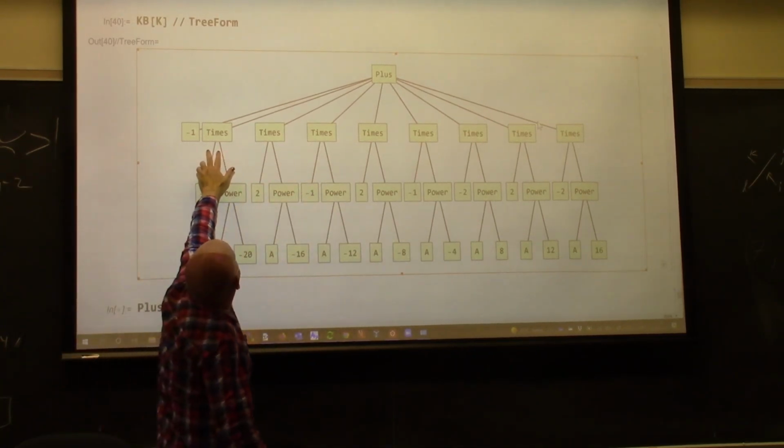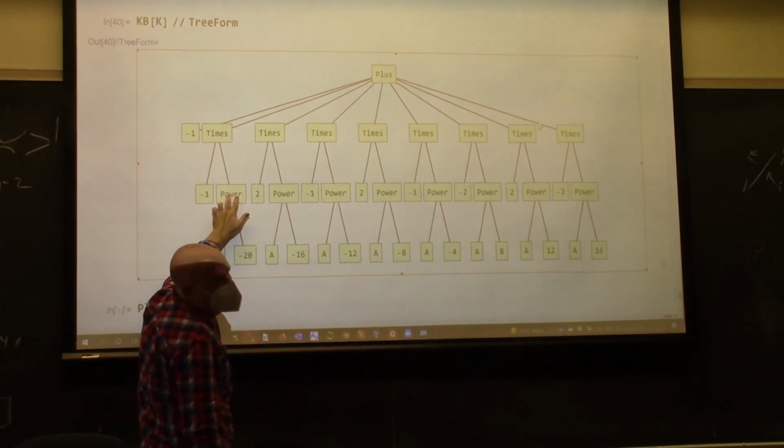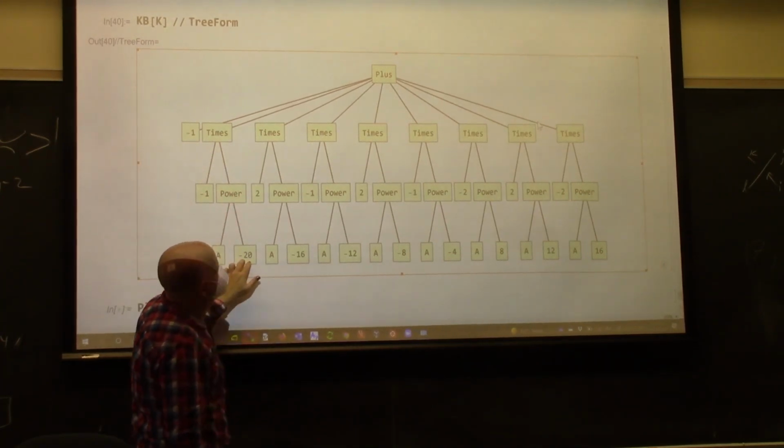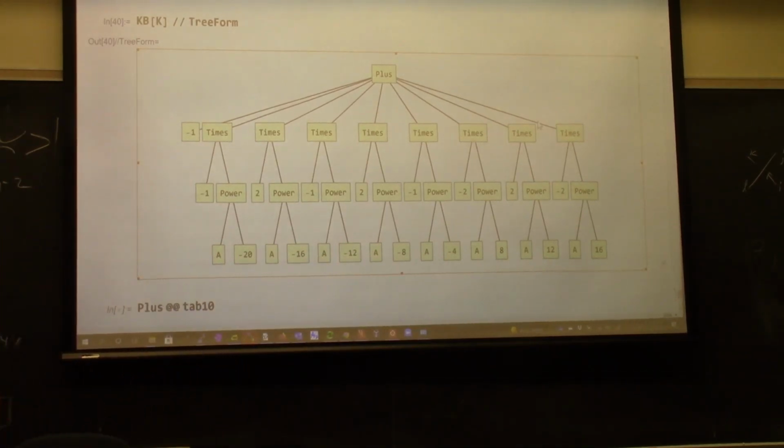And then the next term is Times, a multiplication of -1 and a to the power -20, and so on. Okay? A lot of clever things in Mathematica involve massaging such trees.